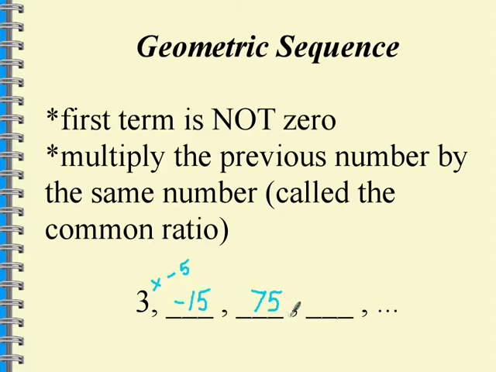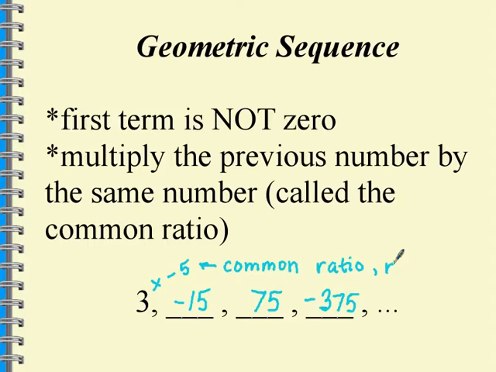What would the next one be? -375. We call -5 the common ratio, and we symbolize the common ratio with an R. That's a little bit about geometric sequences.